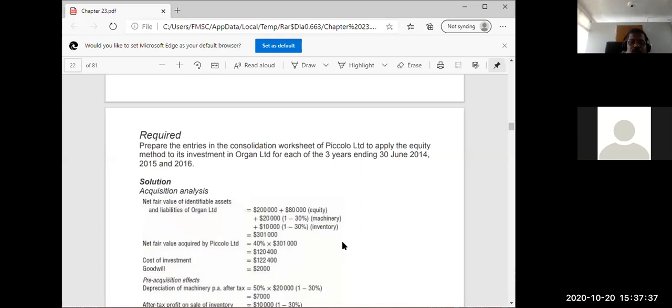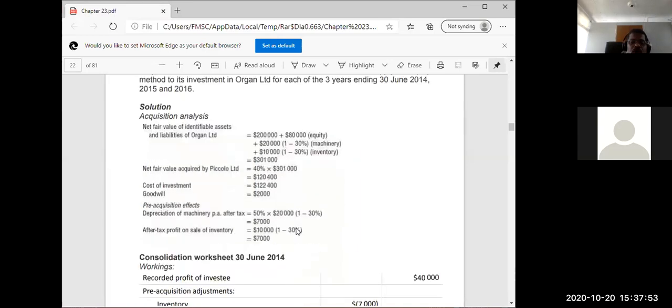And also, now when you bring these two adjustments into the books, how do you put them? You bring the assets into the books. So when you bring those two, you need to provide additional depreciation in the books of the investor when preparing the consolidated financial statement. You have to remember this 10,000 and this 5,000.